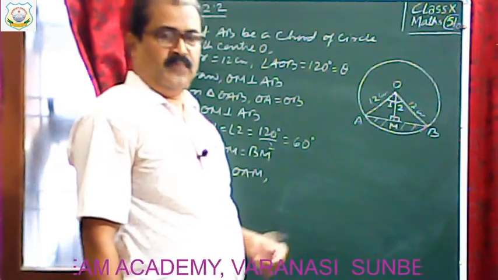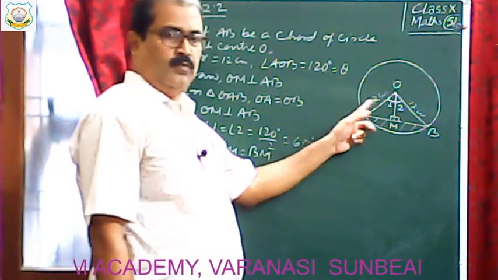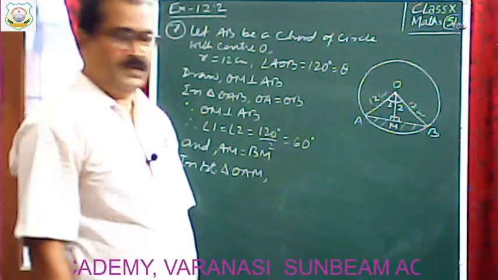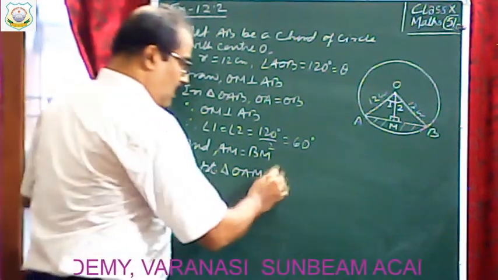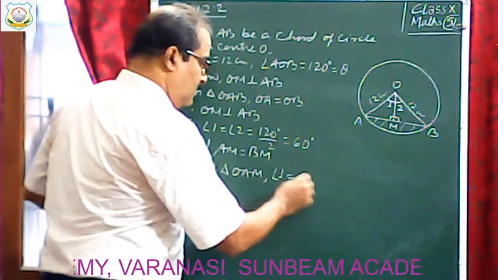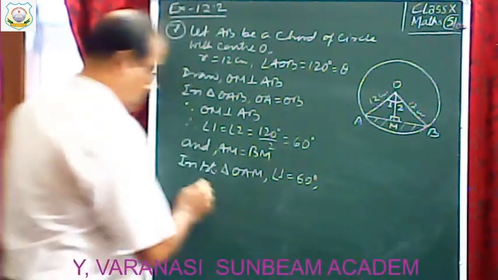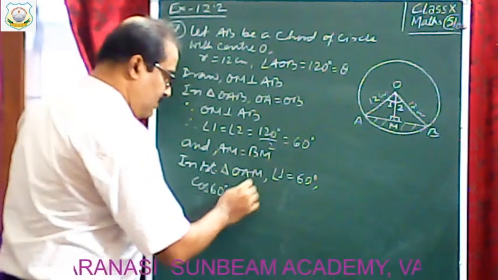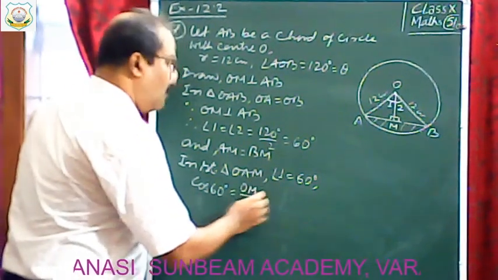Suppose OM we have to find out, hypotenuse we know. Base upon hypotenuse is cos theta. In place of theta, angle 1 we have 60 degree. So cos 60 degree equal to base OM upon OA.